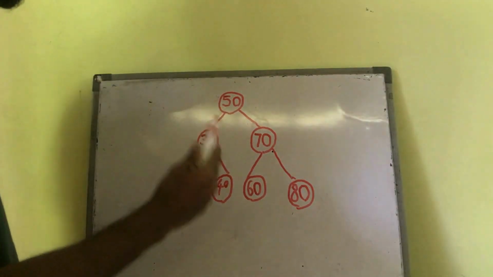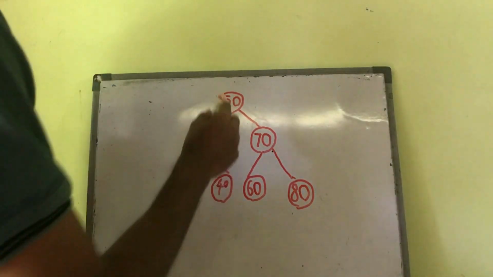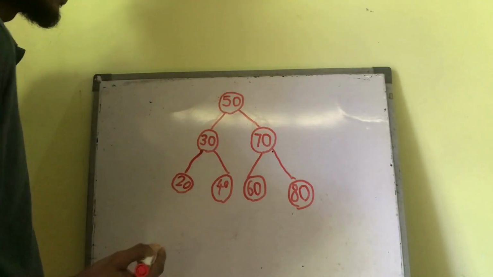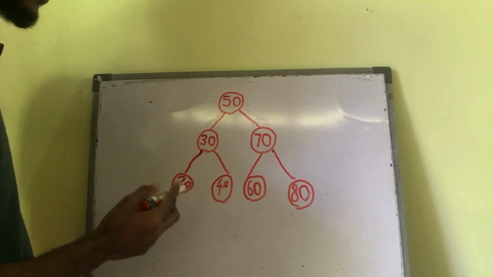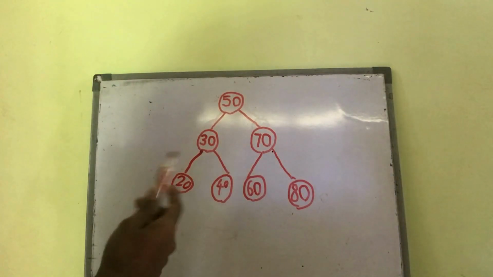We need to find this structure's root element. Root element is 50. Now we need to find whether 20 is on the left side or right side.